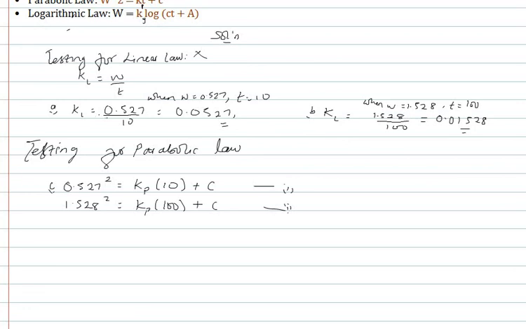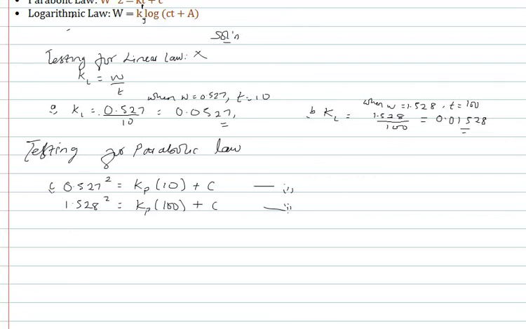So if it balances the two sides of the equation, then that means that indeed the equation is parabolic, because of course the values of Kp and C are supposed to satisfy all three equations if it's following the parabolic law. So in this case, it will be easier for you to use your calculator to solve for your values of Kp and C.